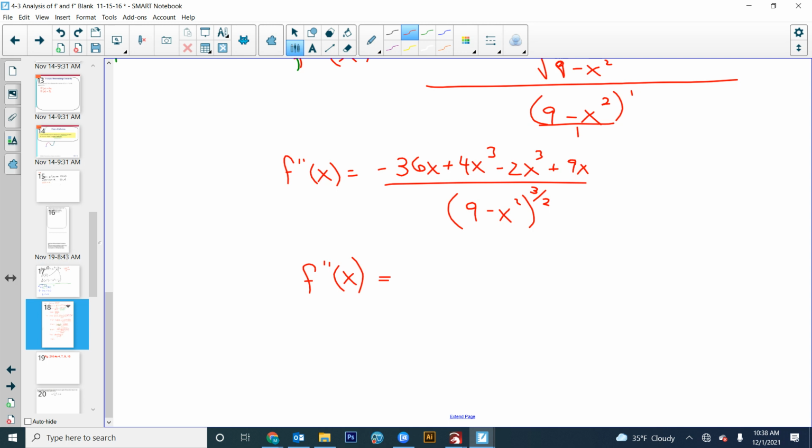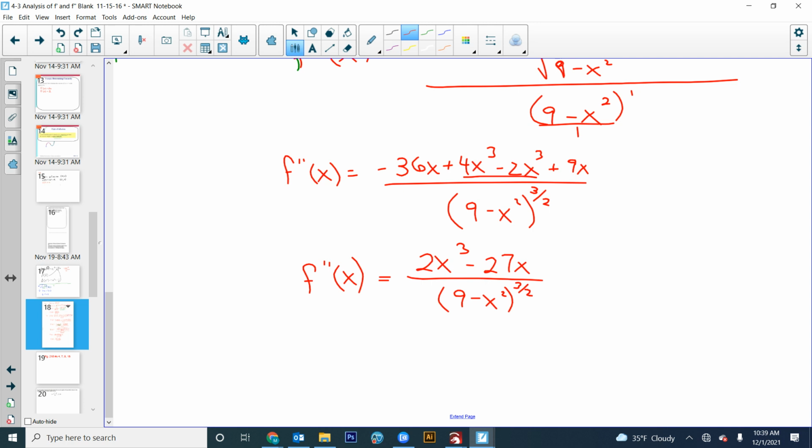Would it be beneficial to factor out a GCF? Oh, we can't, other than x, right? Let's clean it up first. We have 4x cubed. We have negative 36x plus 9x, which is negative 27x. Oh, wait, hold on. We have a 4x cubed minus a 2x cubed. That's a 2x cubed. We have a 2x cubed minus 27x over 9 minus x squared to the 3/2.